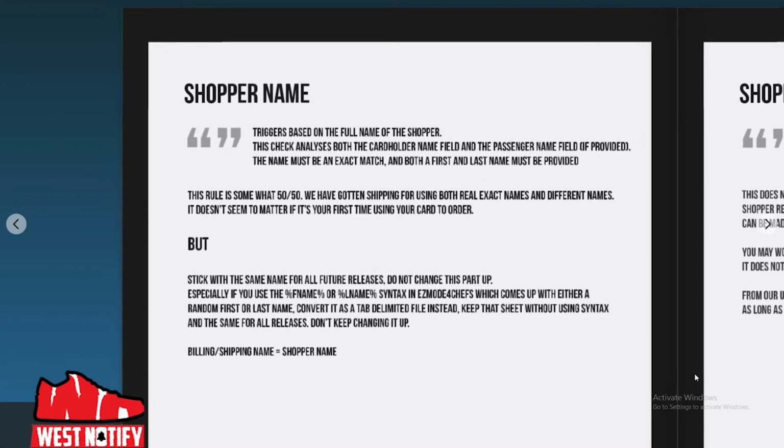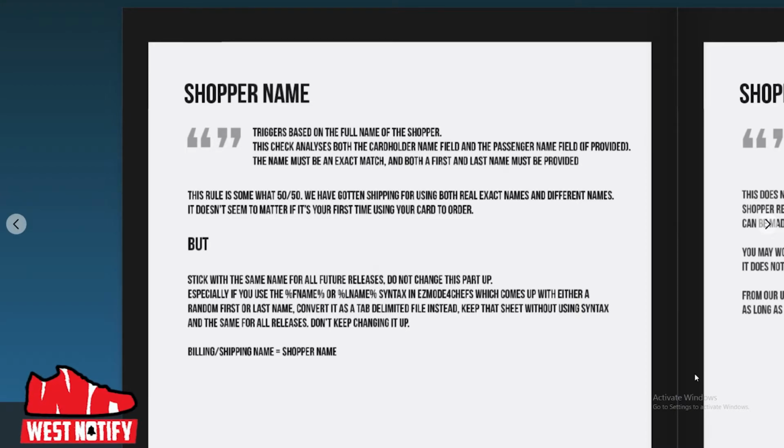All right, so rule number six is very self-explanatory. I mentioned it when I was talking about cardholder name. Basically, your shipping first and last name should be the same as the name of the card on file.